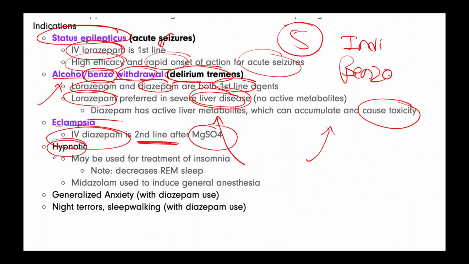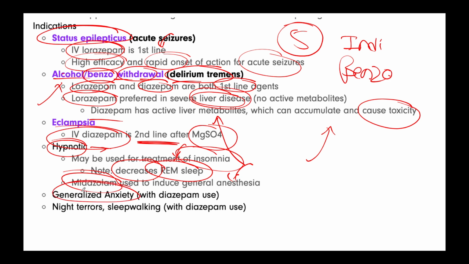And benzodiazepines can be used even as hypnotics. Hypnotic means sleep promoting. And sedative means anxiolytic. Hypnotic, it may be used in the treatment of insomnia. It decreases REM sleep. And midazolam is used to induce general anesthesia.